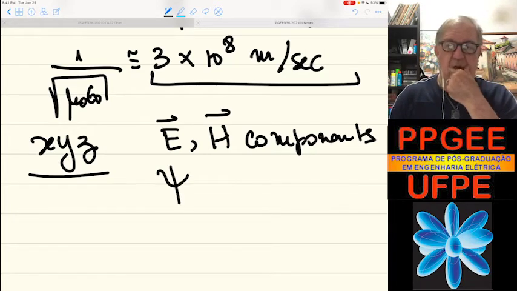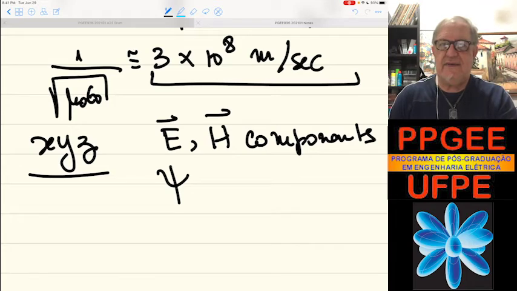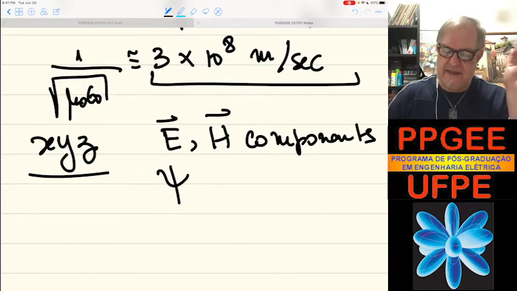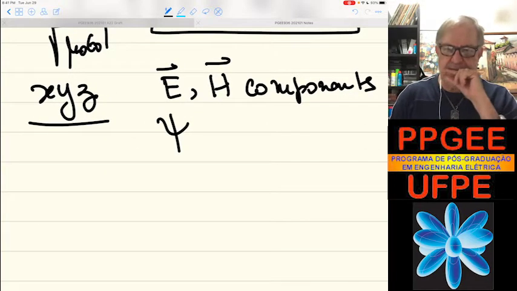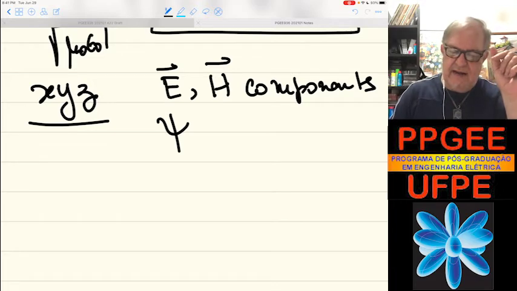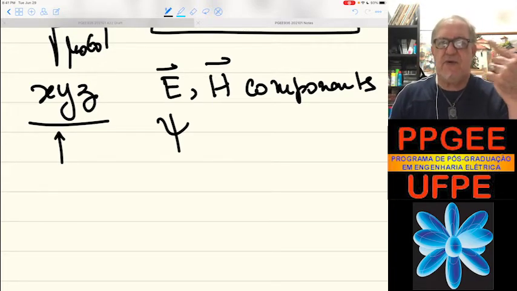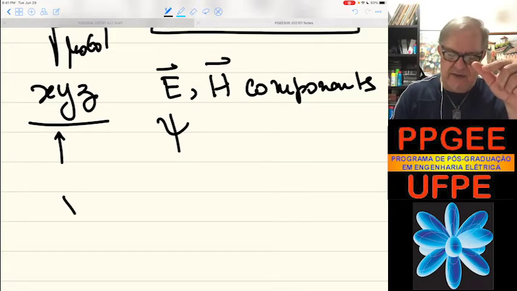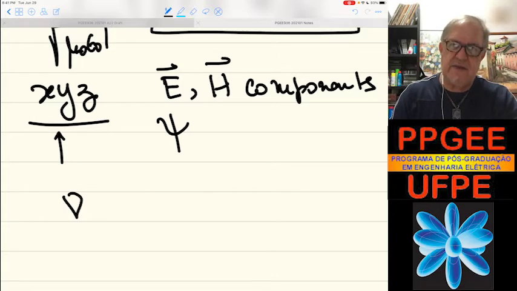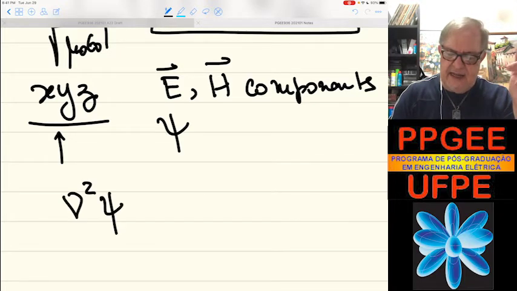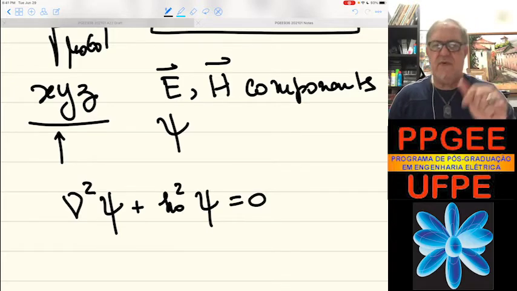Psi is not the scalar potential that we dealt with in the previous lecture. It's just a scalar parameter. So each rectangular component satisfies the Helmholtz equation for the scalar function, Laplacian of psi plus k0 squared psi equals 0.